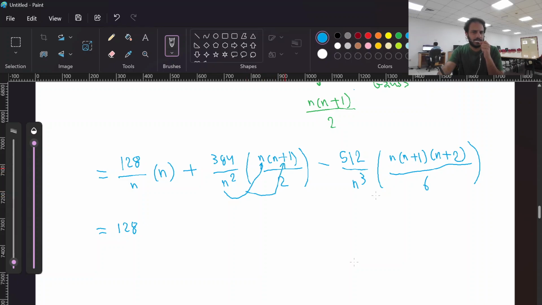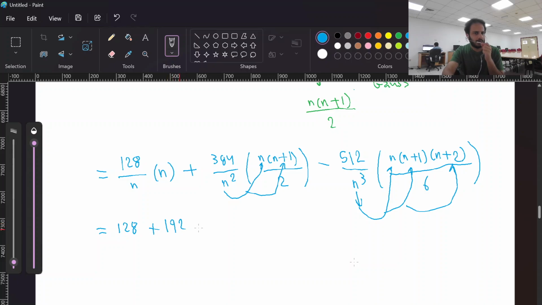Then here you have three n's multiplied, and here you have n times n plus 1 times 2n plus 1. Give n for the first one. Okay? So 128 plus, but before that, 384 divided by 2 is 192.